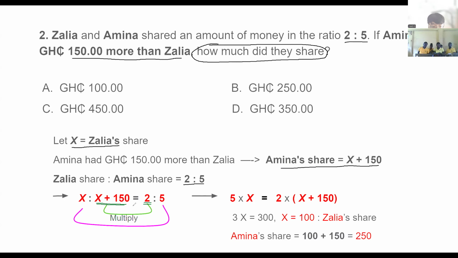Cross multiply means multiplying this inner side, x plus 150, with 2, and then multiplying x by 5, and then set them equal to each other, right? So the equation becomes 5x is equal to 2 times x plus 150.